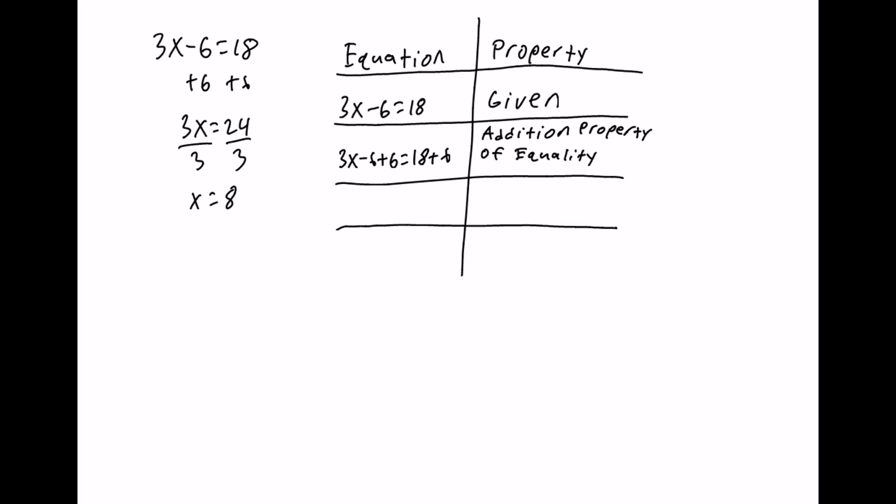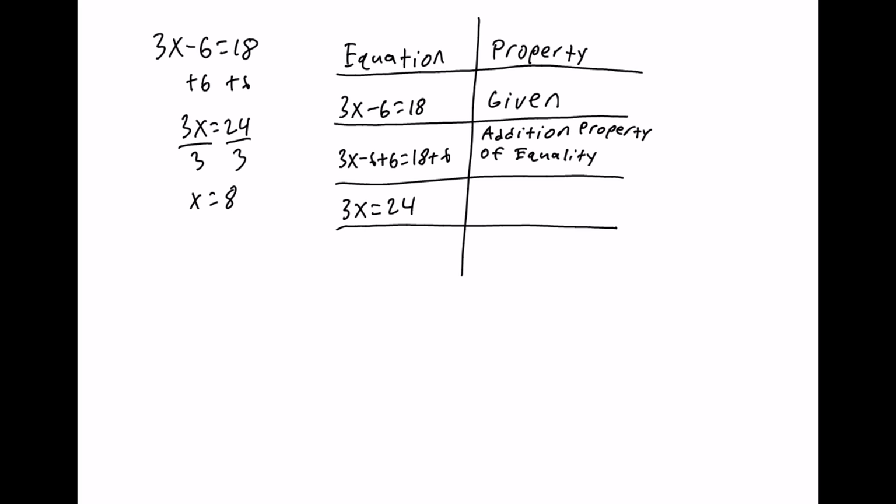Okay, next, we added 6 to both sides, so let's see what that gives us. On the left side, combine like terms, so the 3x stays 3x. Minus 6 plus 6, those cancel, so all you're left with on the left side is 3x. On the right side, 18 plus 6 is 24. All we did was actually do the math out. We combined like terms.